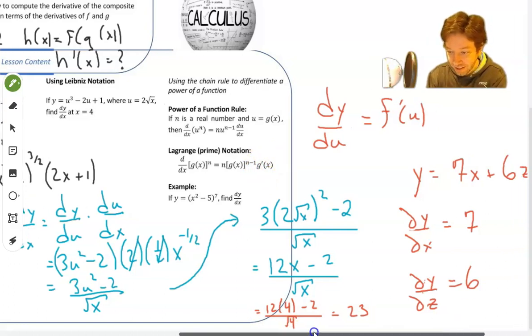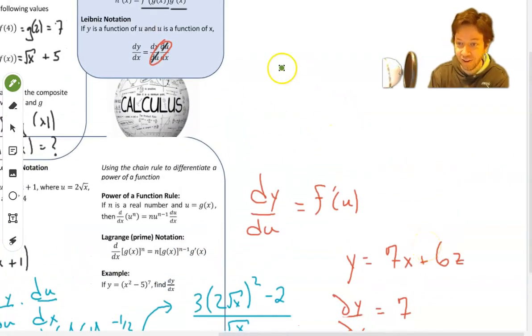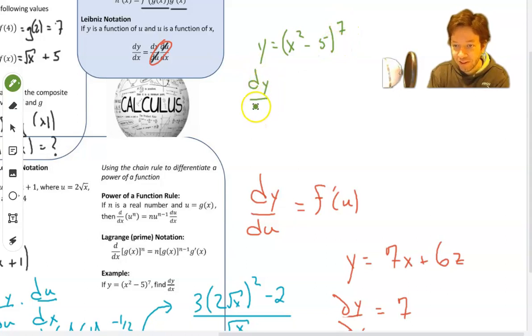So in this case, let me write this over here. We have y equals x squared minus 5, so that's our function, all to the power of 7. So dy by dx will equal, first apply the power rule to the function g of x, so 7 times that function x squared minus 5, subtract 1 from the exponent, and then multiply by the derivative of that function, which is x squared becomes 2x, and 5 becomes 0.